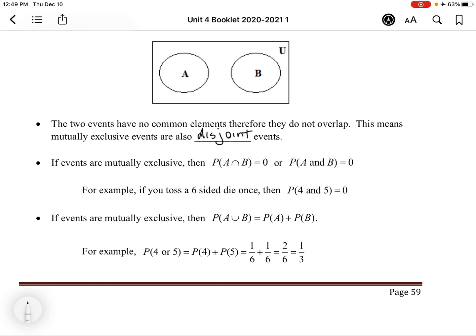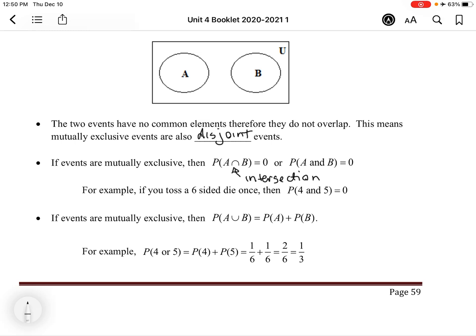If they are mutually exclusive, that means the probability of both of them happening, P(A and B), remember, this is an intersection, right? And you can think of the word and. What's the probability that A and B happen? Well, it's 0 because there's no overlap in the outcomes.